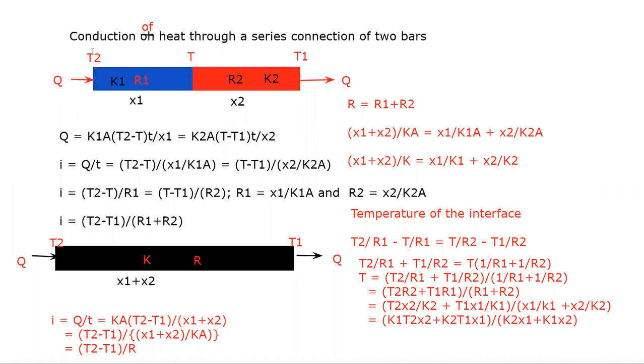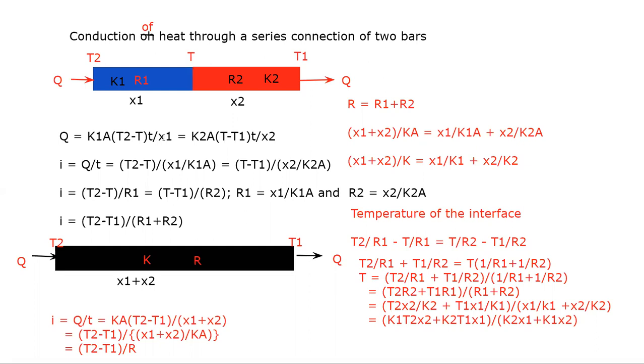The temperature of the first end is capital T2, the temperature of the junction is capital T, and the temperature of the endpoint is capital T1. Now, from the equation of thermal conduction of heat, we know Q is equal to K1A into (T2 minus T) into small t, which is the time for which the heat flows, divided by x1, the length of the first bar.